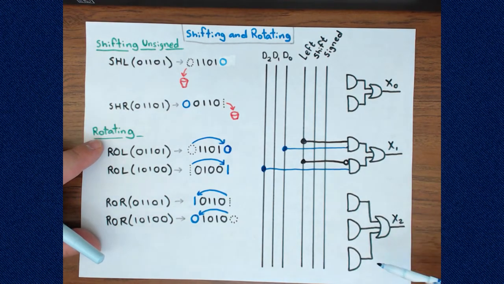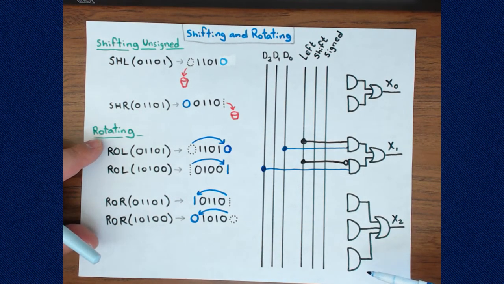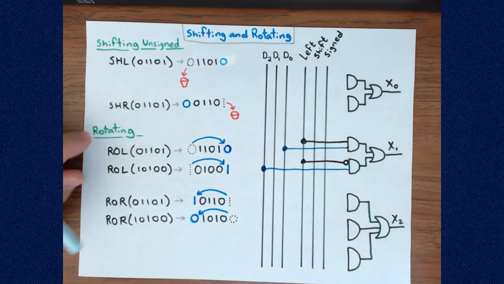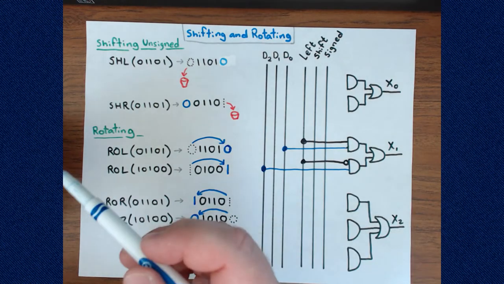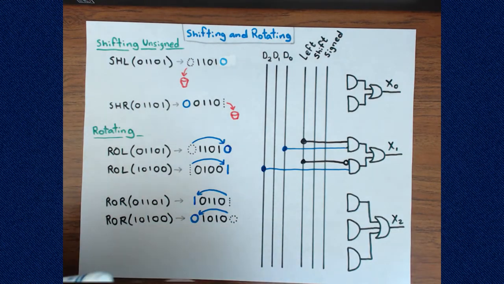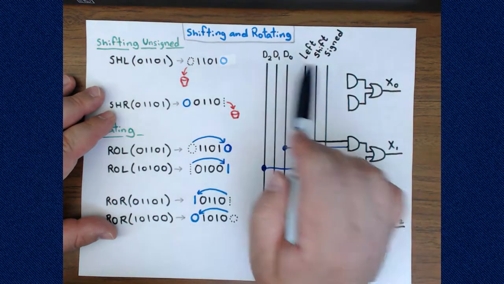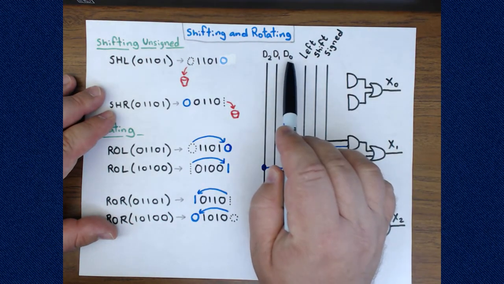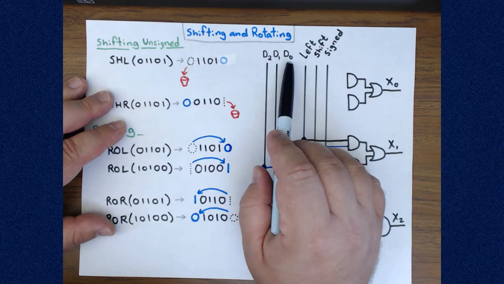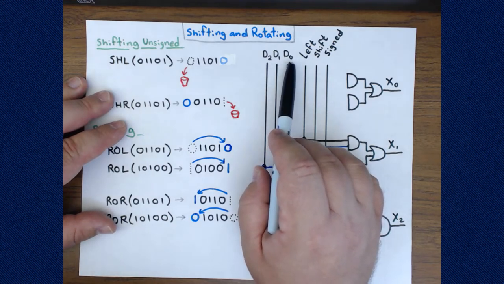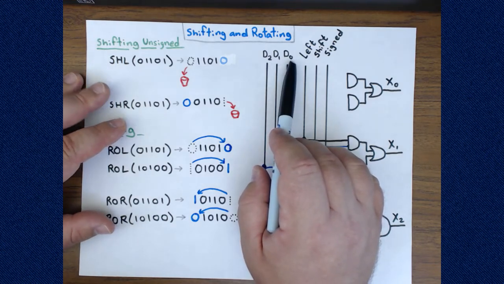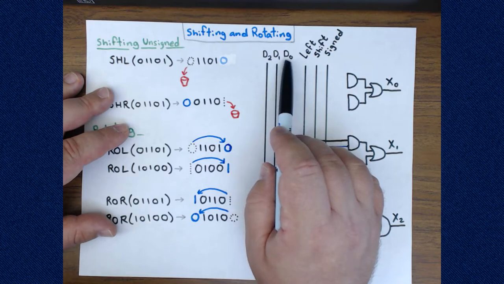Now this one down here has 3 AND gates, so it's clearly more complicated than this other one that only has 2. So we'll go to the low order bit of our output next. So in this case, when we're all the way at the end, this is x sub 0, the position d sub 0 is in. It matters to us whether we're shifting or rotating, particularly if we're going to the left.